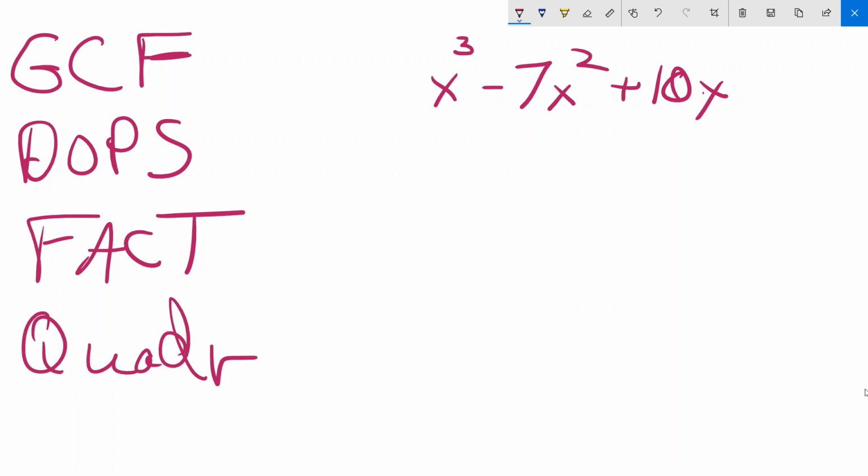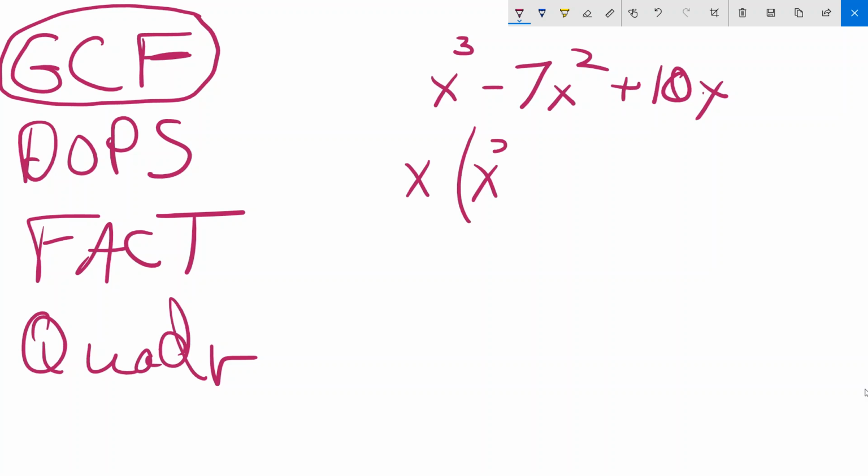I still separate the x's, probably. Actually, always begin with, can you find a greatest common factor? Actually, x is. Oh, that counts. In other words, if you take out an x, you can divide every term by x, right?